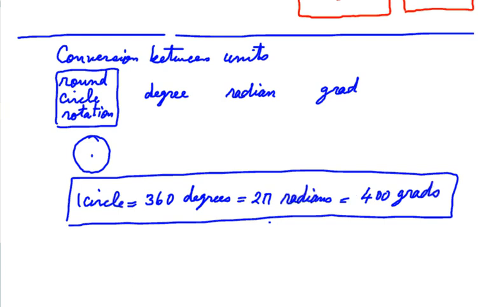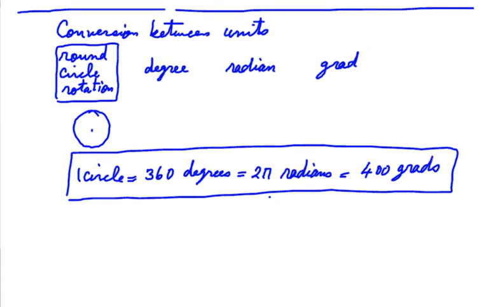So let's practice a little bit. Let's pick some of these famous angles that we had. So convert 30, 45, 60 degrees to radians.